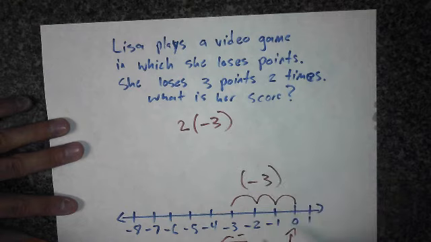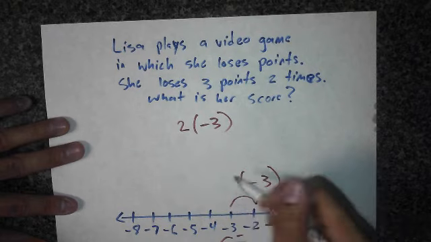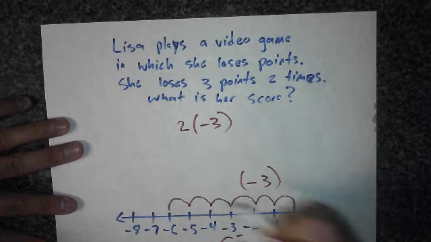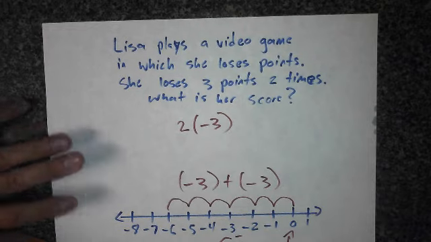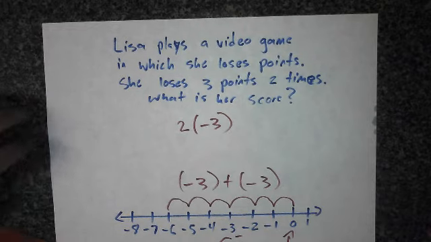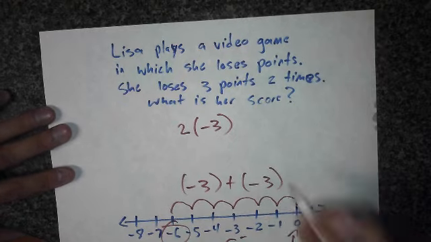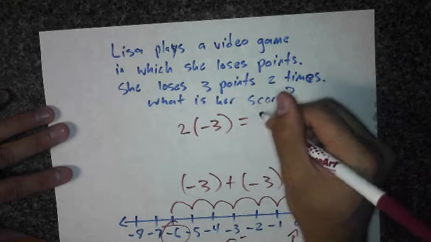So negative 3 spaces. And then, however, we're multiplying this by 2. Since we're multiplying this by 2, we've got to do it one more time. 1, 2, 3. That's another negative 3 spaces, which will finally land us on negative 6.